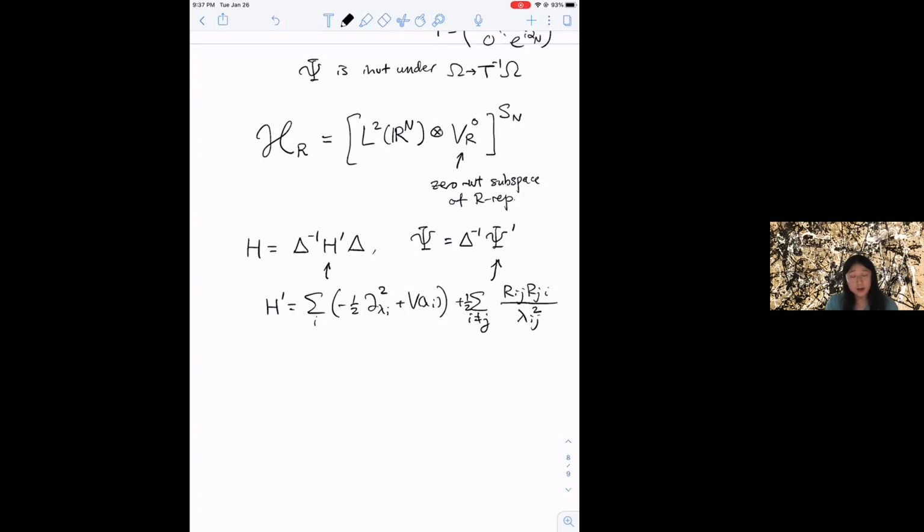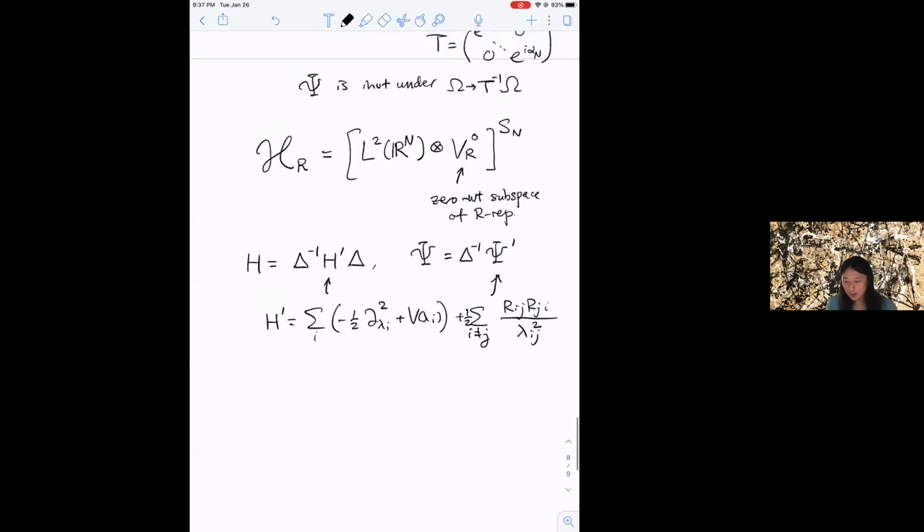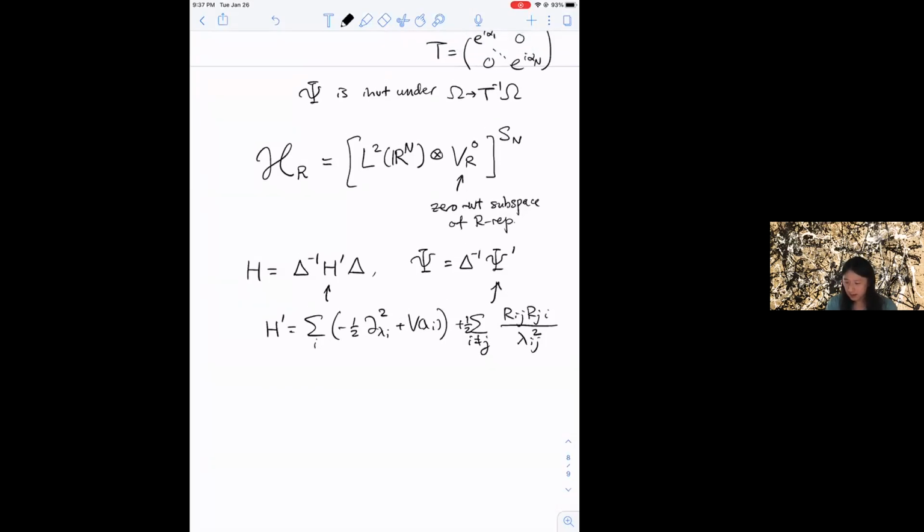This Rij here is the UN rotation on omega, but it's the left UN rotation. I think I might have said right UN rotation in the second lecture. It's the left UN rotation, which is the only thing that actually makes sense. So for a fixed representation with the left UN rotation, these wave functions naturally live in subspaces that are invariant under the action of H prime, which is good.